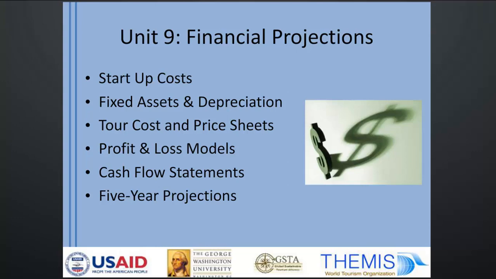Something that is very important for development projects and for community-based tourism enterprises, identifying things like fixed assets, which includes everything from infrastructure such as lodging and dining facilities to equipment like boats and motors, and how to consider the very real depreciation costs that are part of upkeeping and maintaining those types of fixed assets.